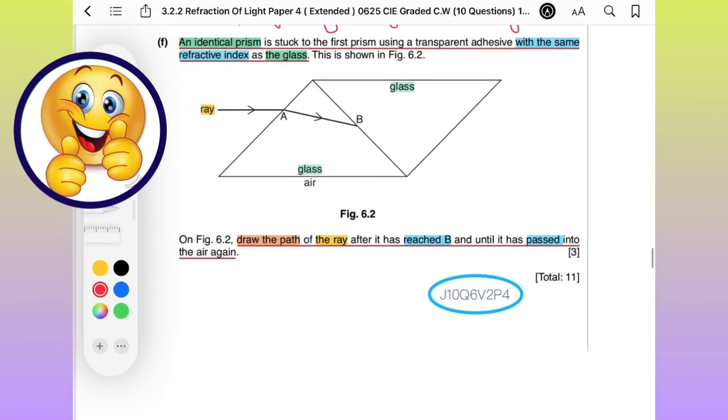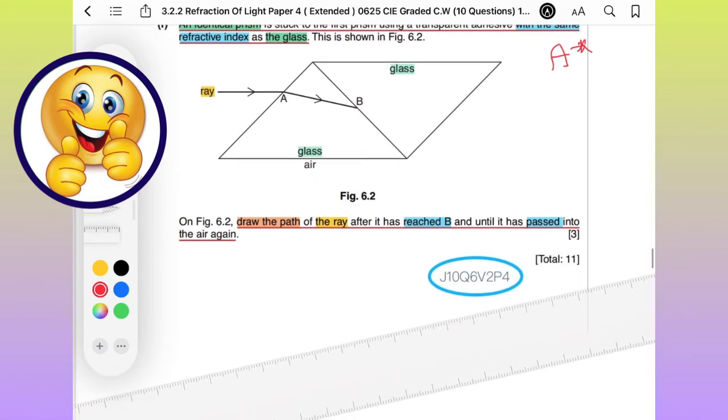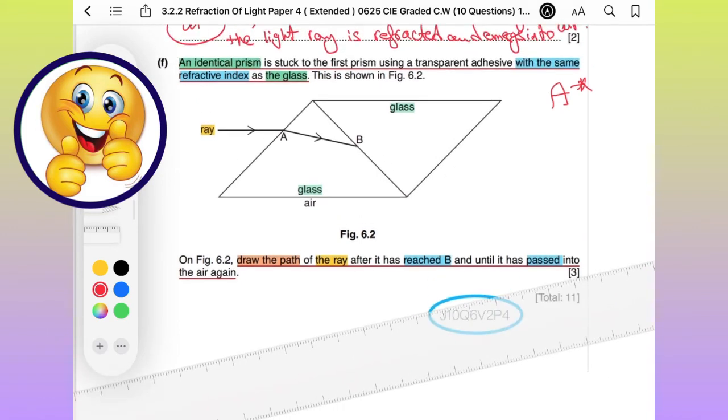The next part is very important. It's challenging. On the figure here, draw the path of the ray after it has reached B and until it has passed again into air, using the ruler. The tricky part here is that you have a boundary with transparent adhesive between two identical prisms, and they have the same refractive index.